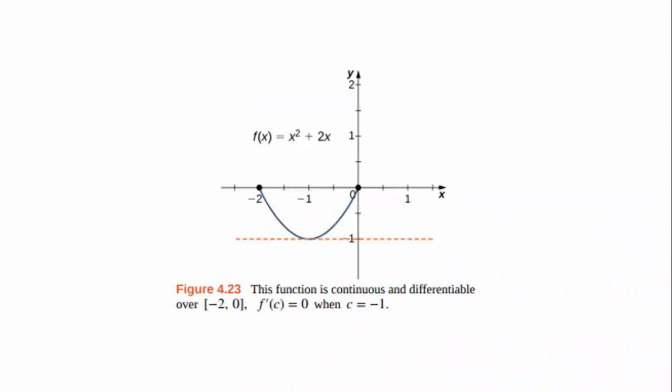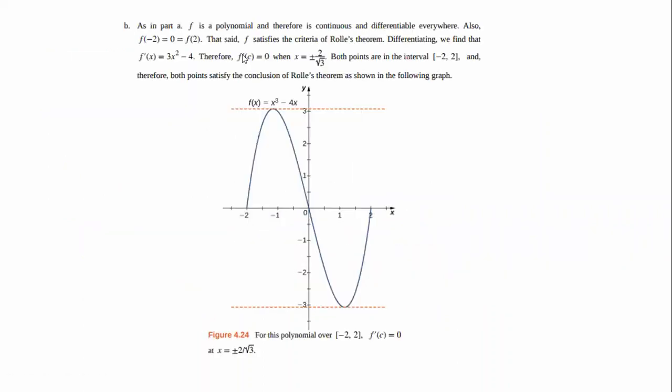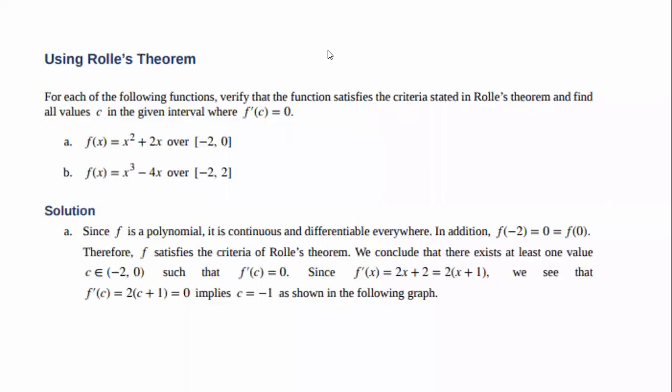Now moving towards next part, that is f of x equals to x cube minus 4 of 4x with -2 and 2 interval. So first I have to write my function value. My function value will be f of x equals to x cube minus 4 of x.